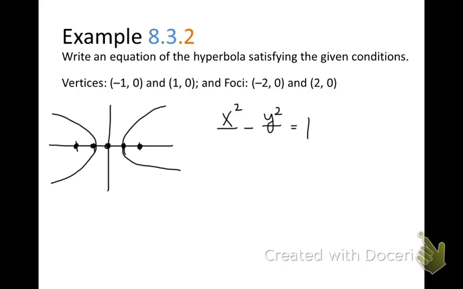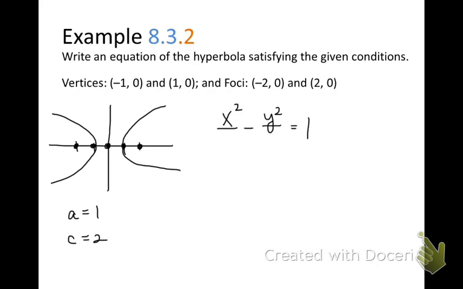So now I just need to figure out my a squared and my b squared values. Look at the graph. Can anyone tell me what a is? Yep. A is 1 because it's my distance from my center out to my vertex. What's this distance from 0 to 2? Which value does that give me? That gives me my C value. So then how am I going to find B?